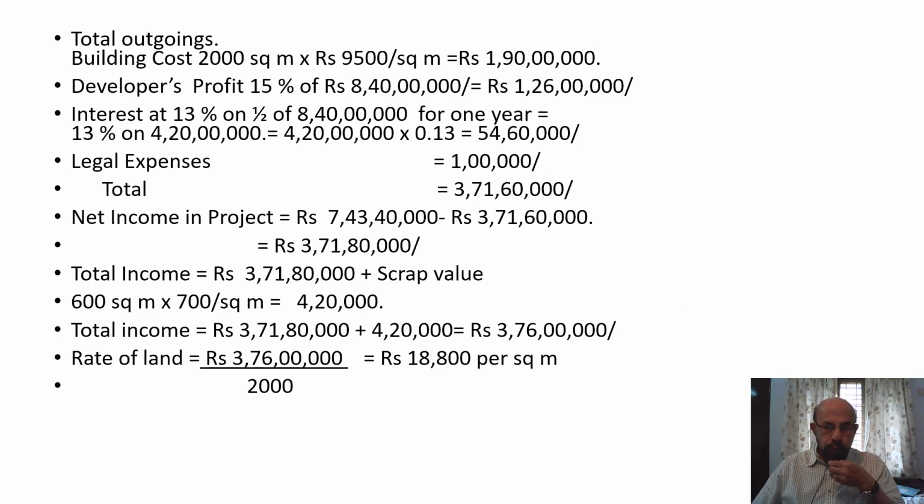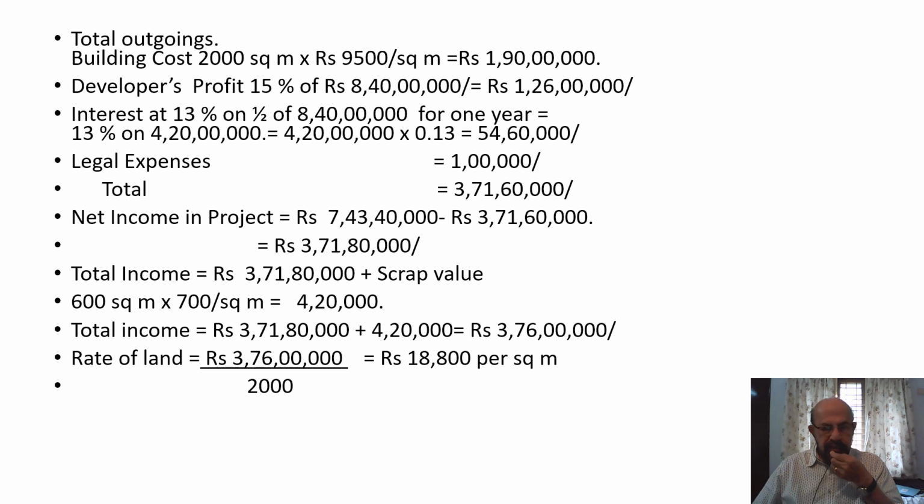Total outgoings. The cost of construction of 2000 square meter at rupees 9500 per square meter is equal to 1 crore 90 lakhs. Developer's profit, 15% of rupees 8 crores 40 lakhs, is equal to 1 crore 26 lakhs.